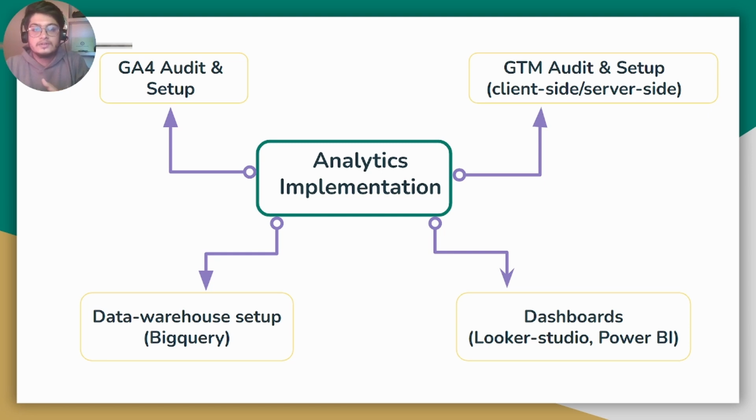GA4 does not automatically track those events, so we need to do some setup using data layer implementation. Here our data is transferred from your GTM configuration to GA4. Not only GA4, you can transfer from GTM to other destinations like Google Ads, Meta Ads, and others. The possibilities are endless using GTM.